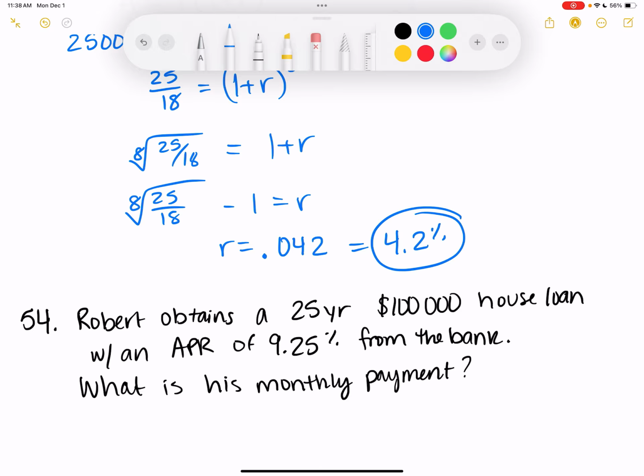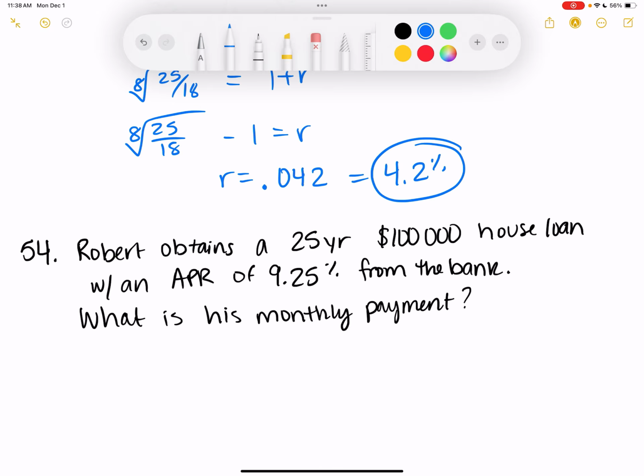Okay? So, the present value is $100,000. R is 9.25% or 0.0925. It's 25 years, so T equals 25.